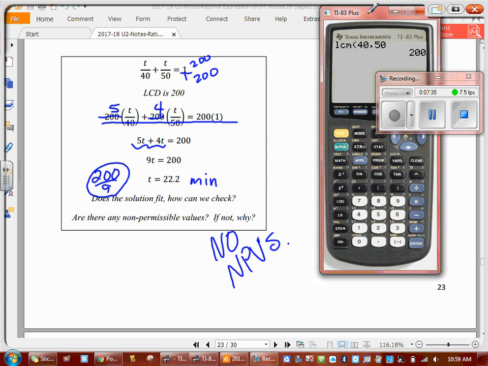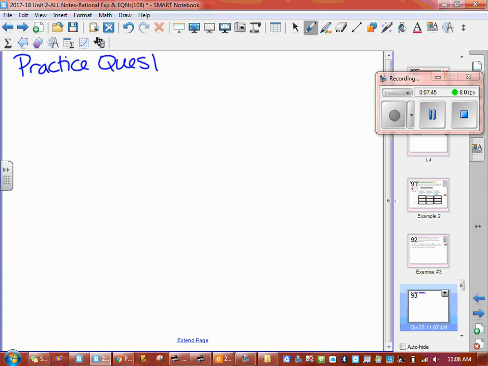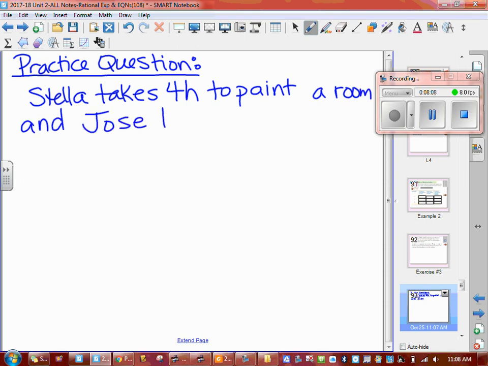So one of our problem-solving questions for rate of work is a practice question. And again, this is a rate of work question. Stella takes 4 hours to paint a room, and Jose takes 3 hours to paint the same room.